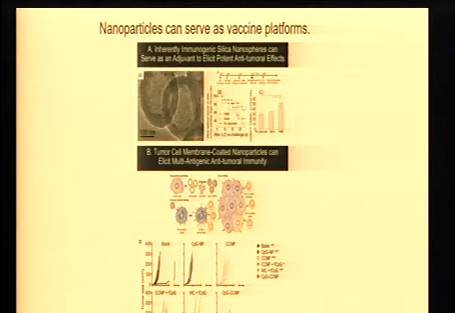activate dendritic cells also. Maybe you can put some kind of activator molecule along with the antigen to be delivered to dendritic cells. Yesterday, or maybe today, I don't remember, we were talking about taking out dendritic cells, loading them with the antigen, and putting them back.